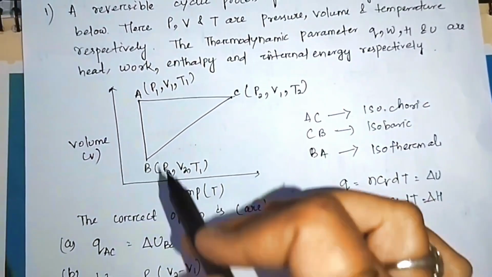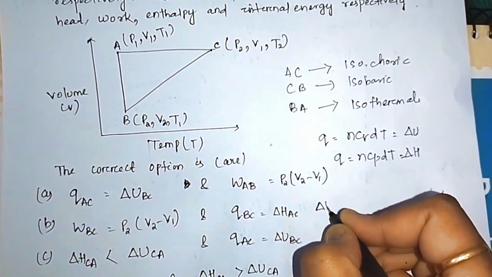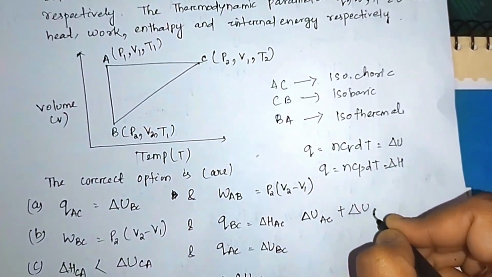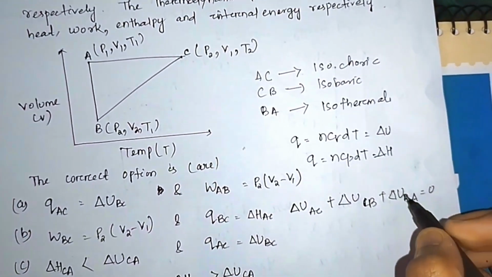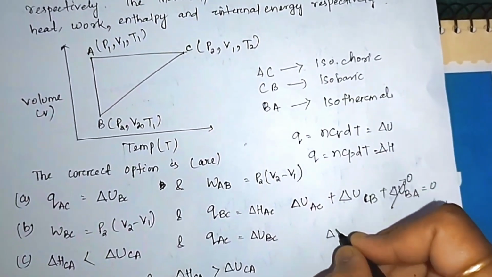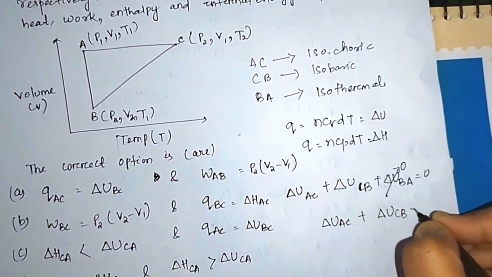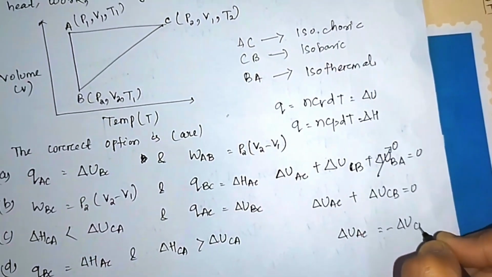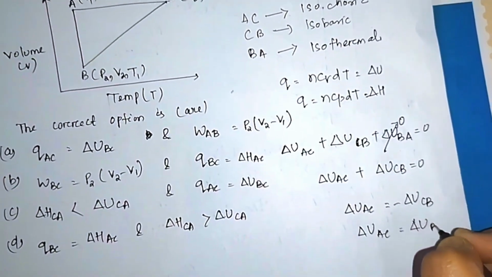So this is a cyclic process. That means I can write del U AC plus del U CB plus del U BA is equal to 0, and BA means isothermal process. In an isothermal process del U is 0, so del U AC plus del U CB is equal to 0, so I can write del U AC is equal to minus del U CB, that is del U BC.